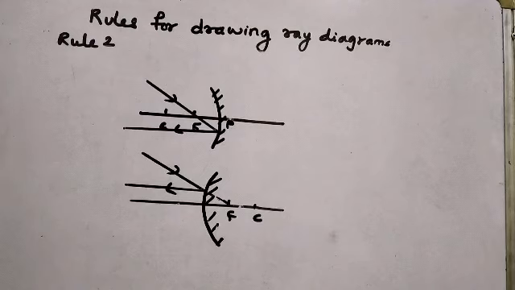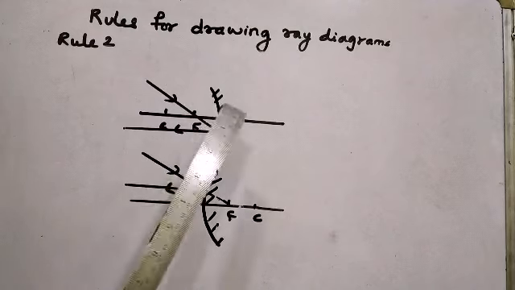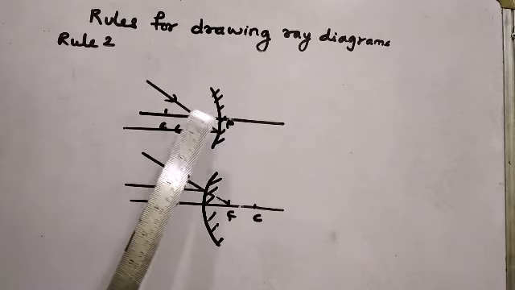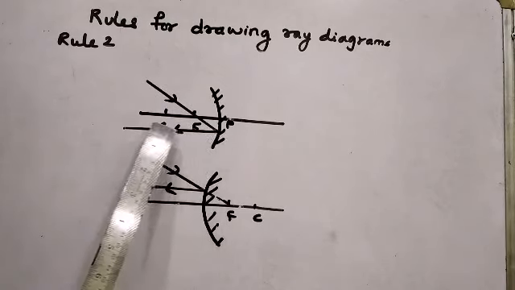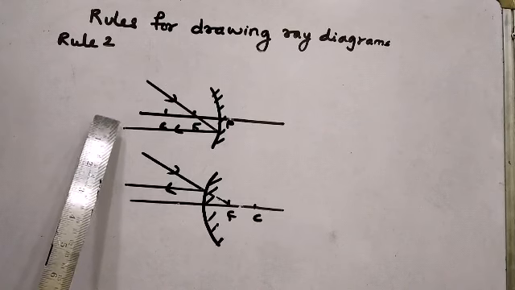So what is the second rule for drawing ray diagrams for a concave mirror? If the incident ray passes through the focus of a concave mirror, then the reflected ray is parallel to the principal axis.